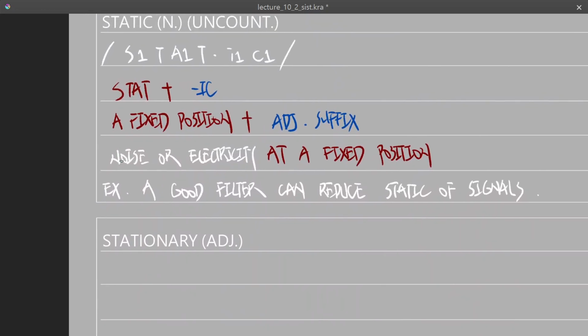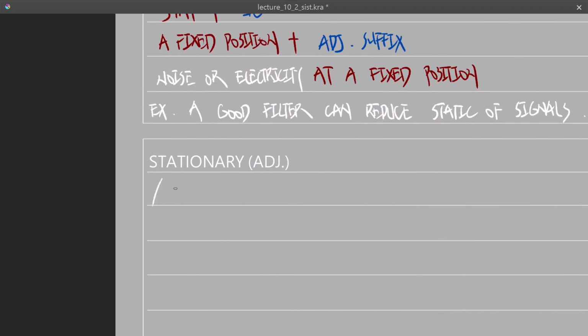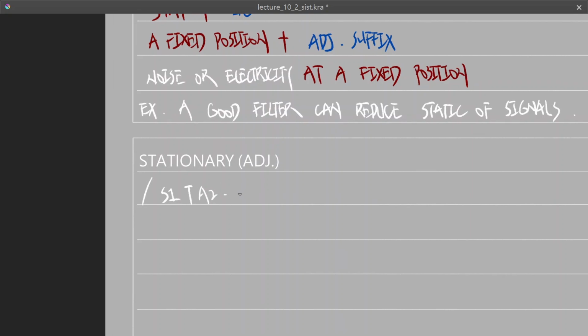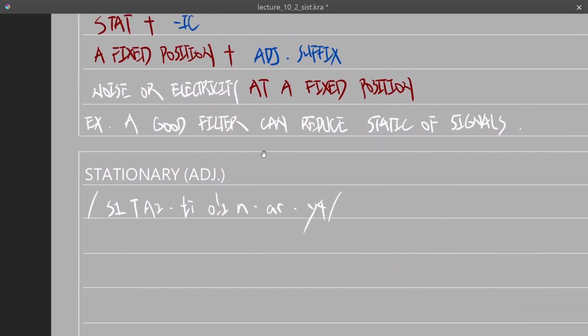Alright, next we have stationary. Stationary has the fourth sound of Y via E-I-E.